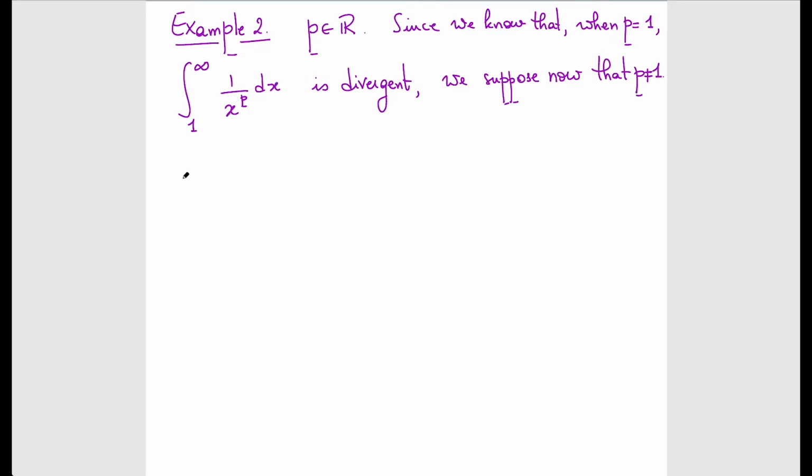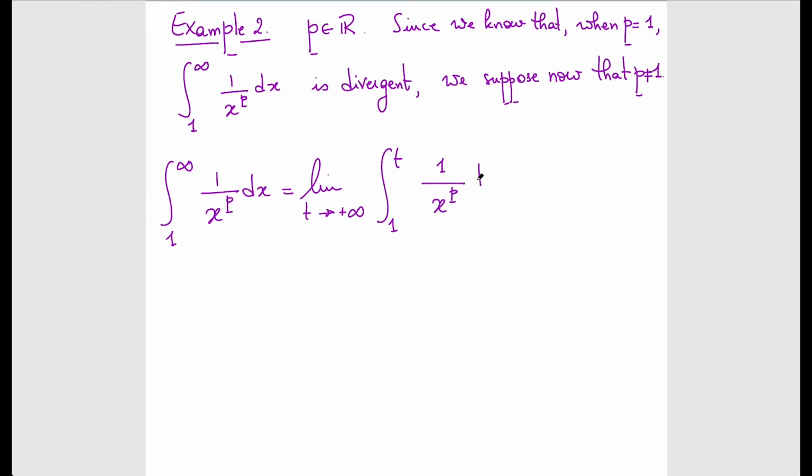Very good. So as such, what's this? Well, how do you integrate this when p is not 1? By definition, this is the limit as t goes to plus infinity of the integral from 1 to t of 1 over x to the p dx. All right, now how do you integrate this when p is not 1?